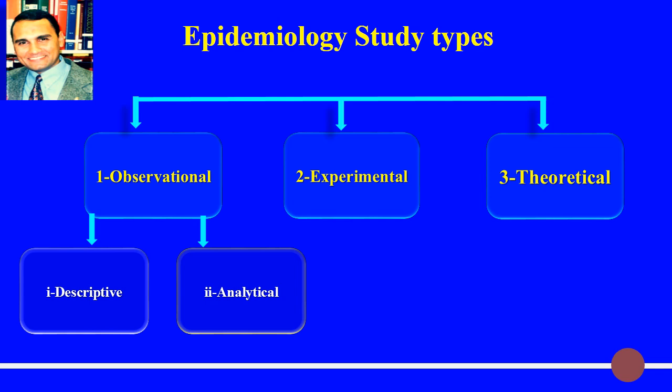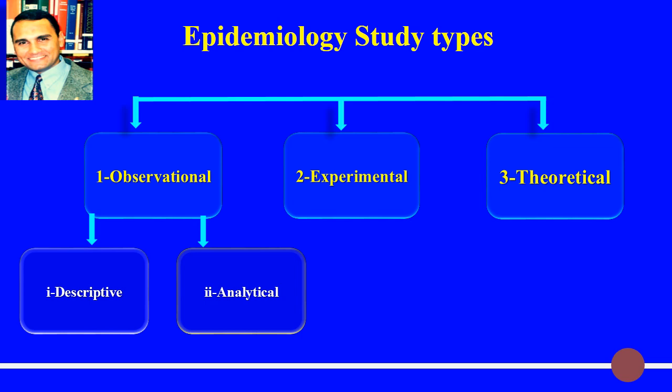The identification of causal relationships between these exposures and outcomes is an important aspect of epidemiology. In modern epidemiology, we use informatics as a tool.